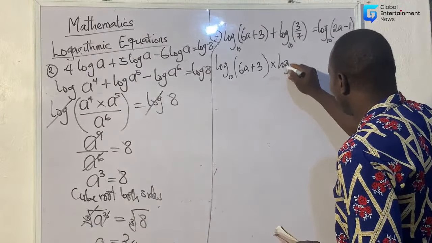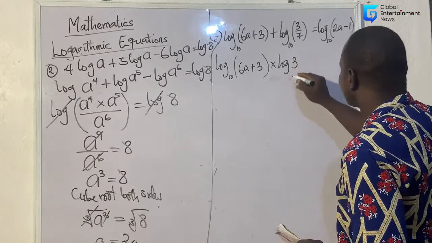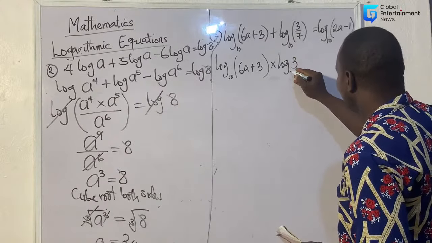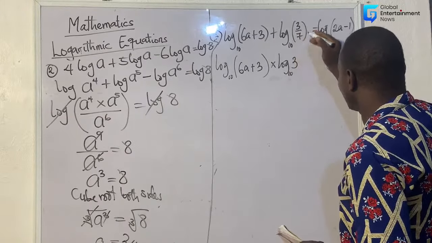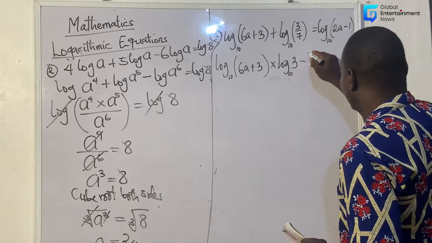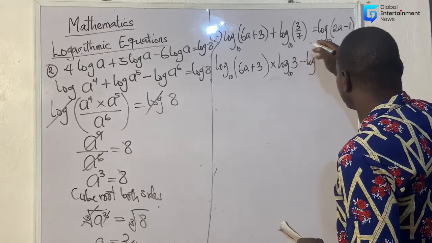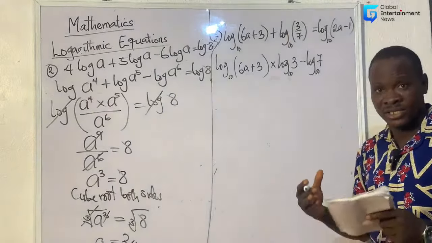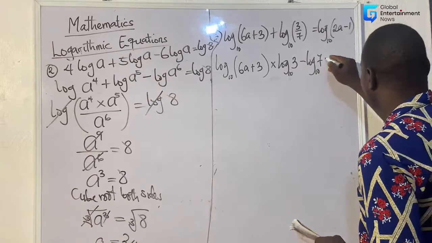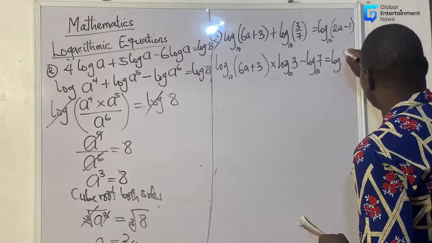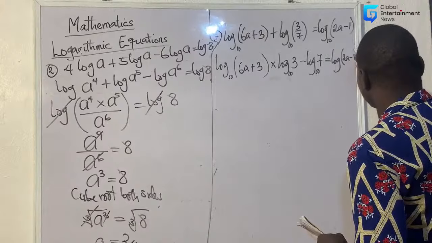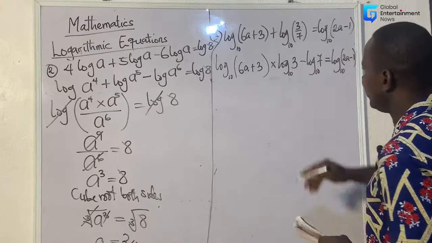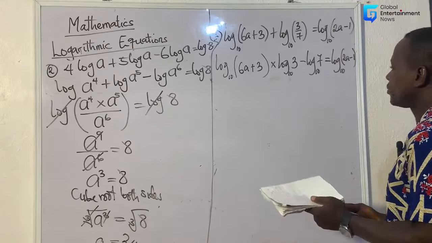I can say I have log 3 base 10. Because it's division, it will now change to minus log 7 base 10. You know, because it's division, we have to change the operation. So this one will now give me is equal to log into bracket 2a minus 1, then base 10.